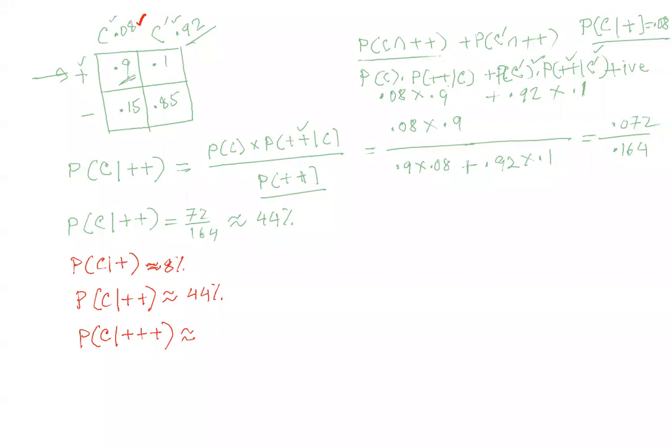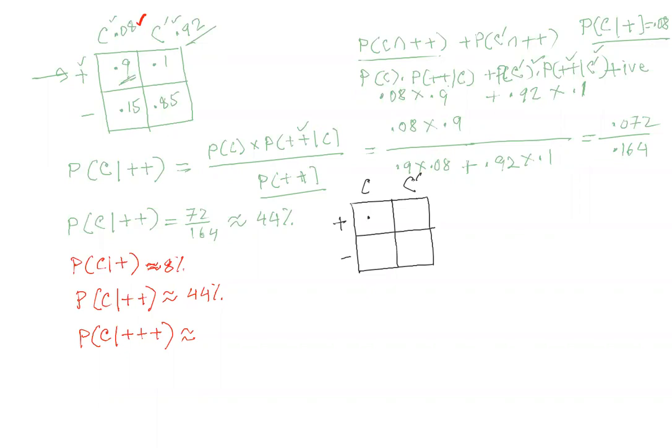So this time, again, I'm going to create a diagram. Test positive, negative, has cancer, or the person doesn't have cancer, C prime.